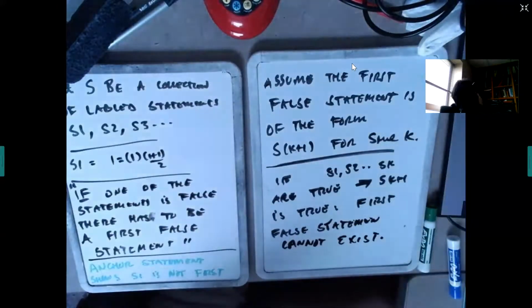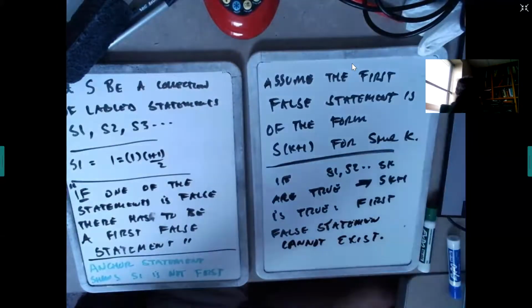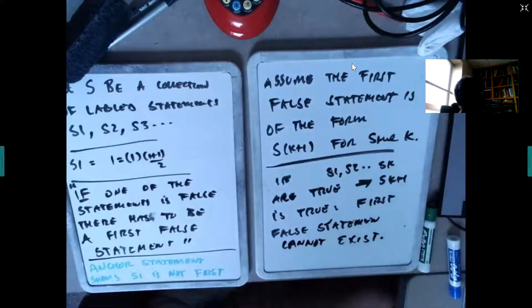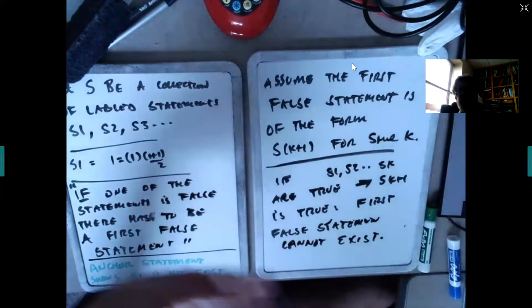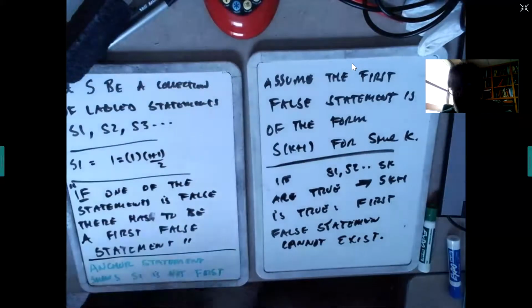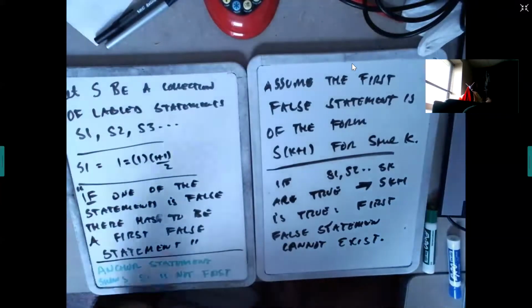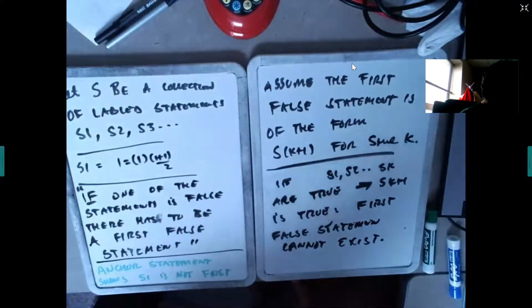That's what's going on with induction. There's no place for the first false statement to be. So basically that's what induction is. Induction is, again, the least positive integer principle for integers. And the anchor statement, of course, is necessary for that reason.